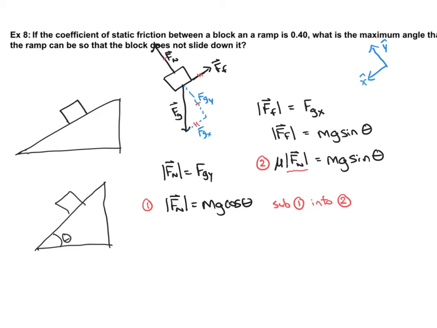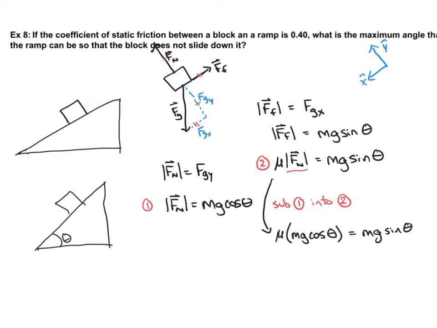So it becomes mu times mg cos theta, so that's the expression I'm substituting for the normal force. And the right side of the equation, I keep the same, no changes there. So that is a key step, a substitution step.